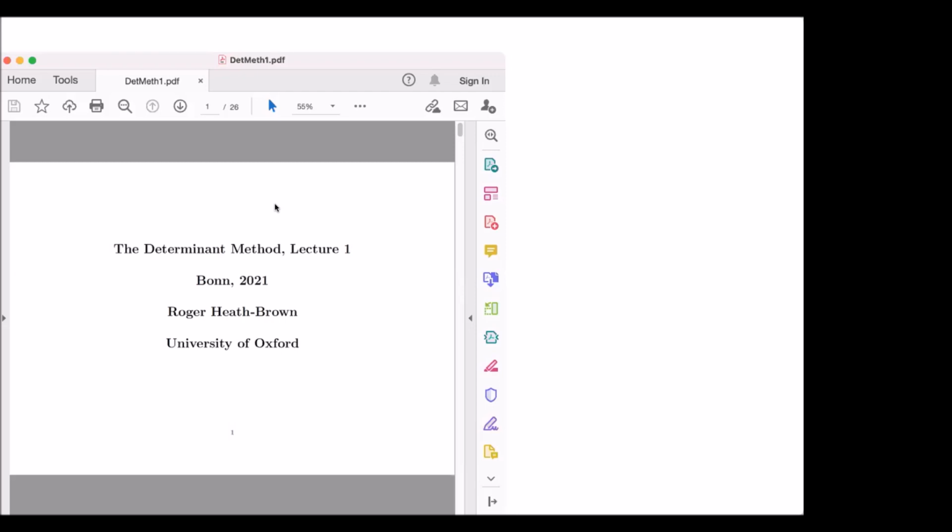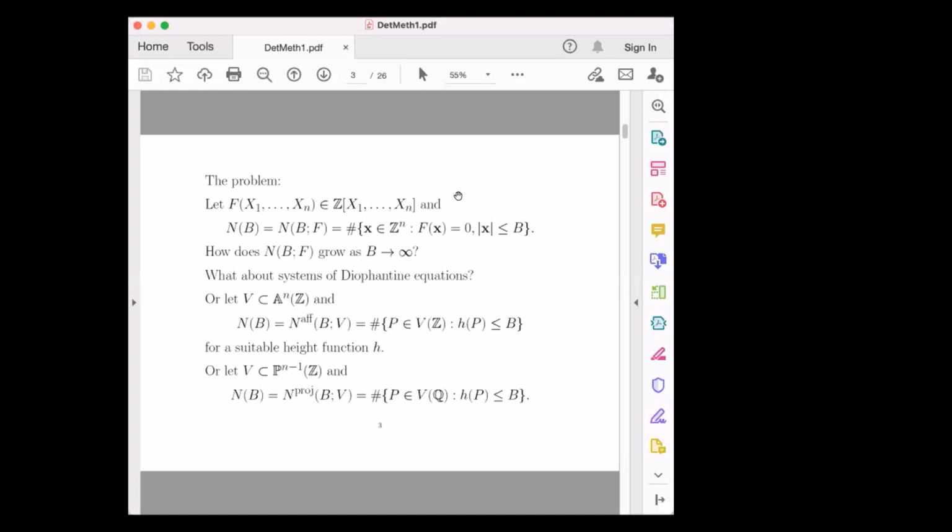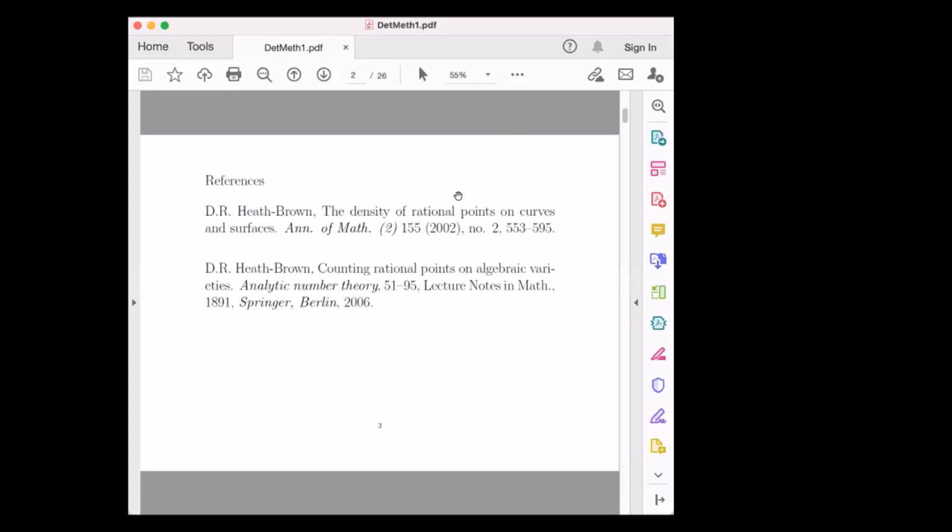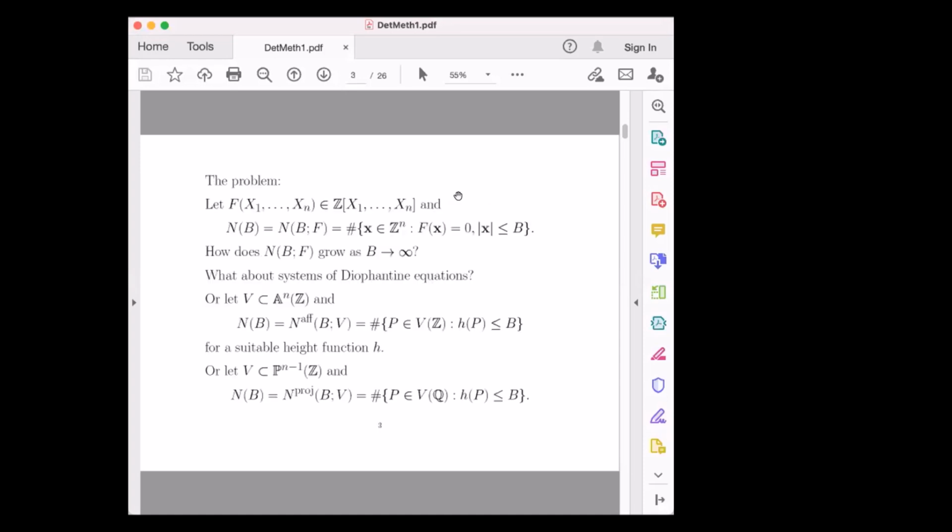Let me try and go back and see if we can do that. Okay, so can we now see slide 2? Yes. Good. So here are the references. Here is slide 3. Yes? Yes. Excellent. Okay. Thank you.